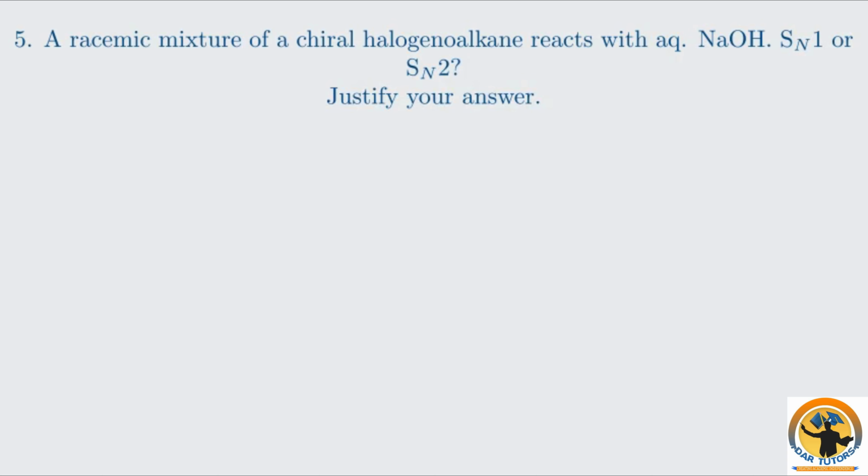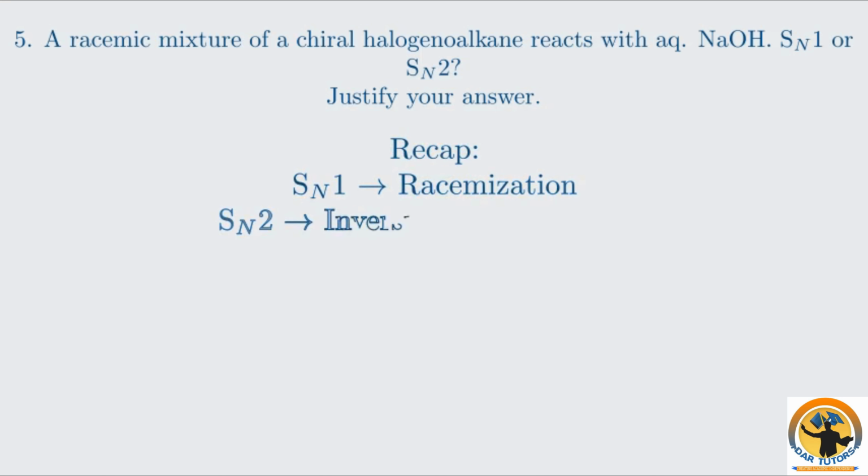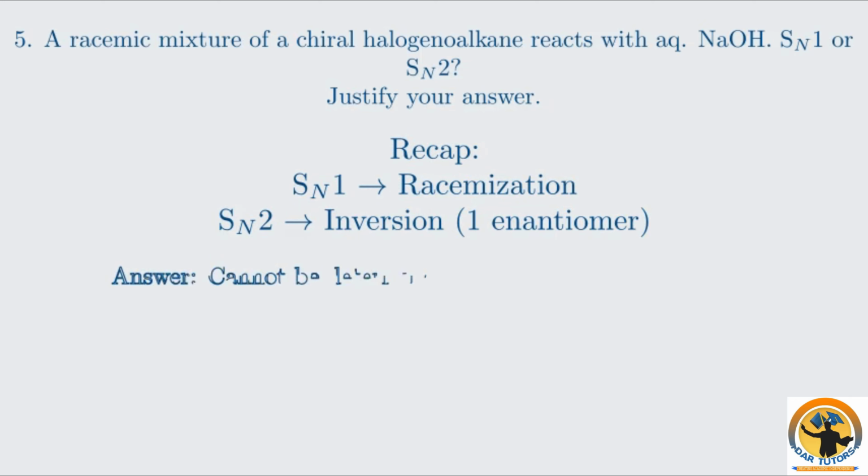Remember the key outcome of SN1 and SN2 reactions when starting with a single optical isomer at a chiral carbon. An SN1 reaction with a pure enantiomer leads to racemization, producing a 50-50 mixture of both enantiomers. An SN2 reaction with a pure enantiomer leads to a single enantiomer with inverted configuration. Since the starting material is already a racemic mixture, the stereochemical outcome of the reaction will also be a racemic mixture.